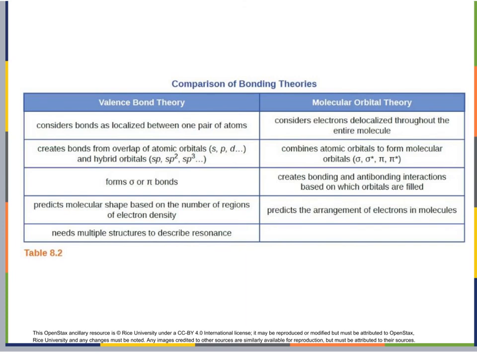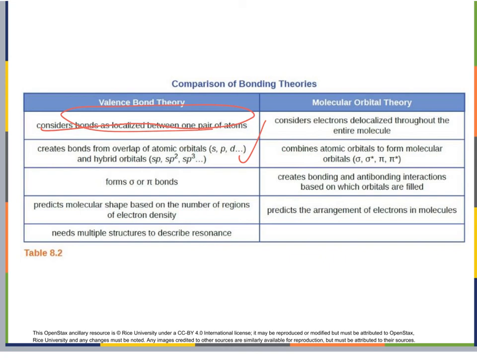Okay, so let's wrap some of this stuff up. When you talk about valence bond theory, you're only talking about bonds localized between two atoms. You do this overlap, and the sp, sp2, sp3, sp3d, all of that allows you to predict shapes.